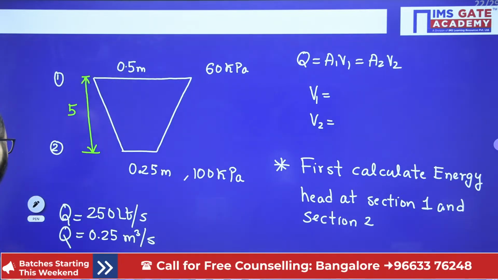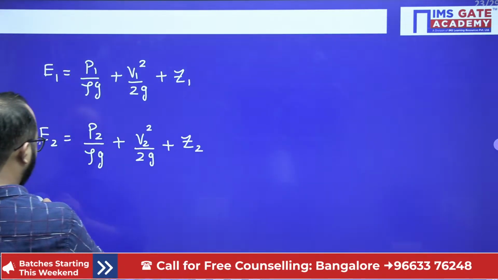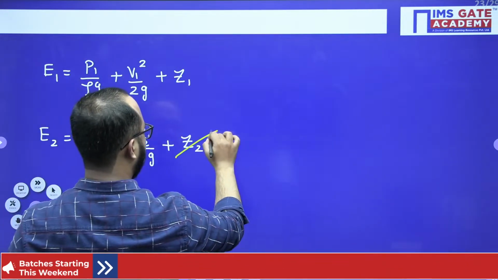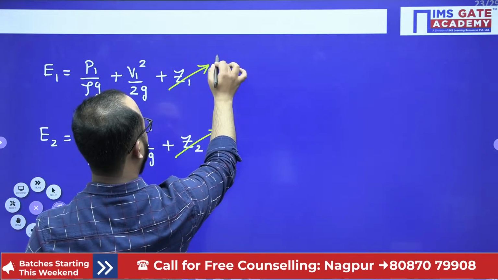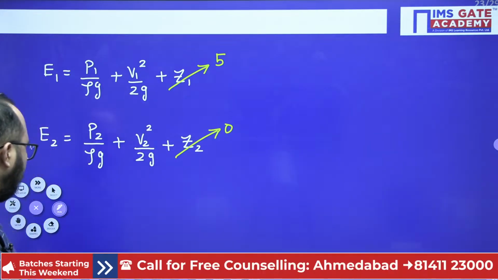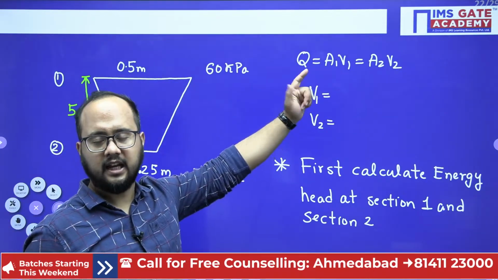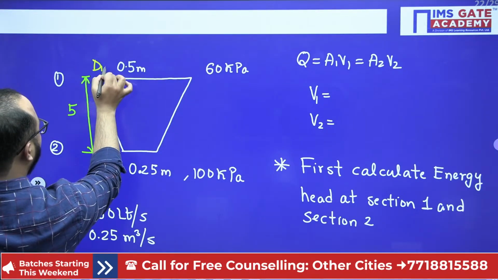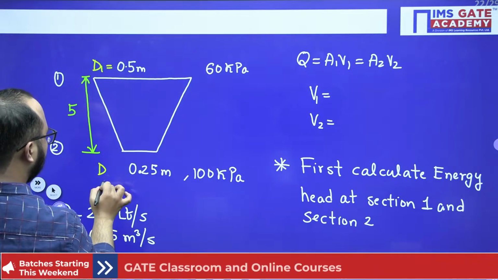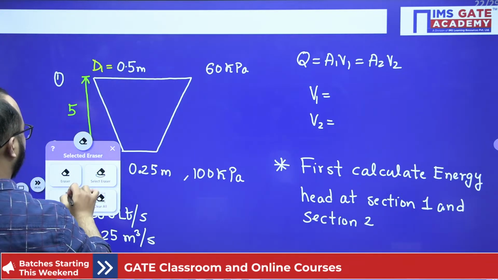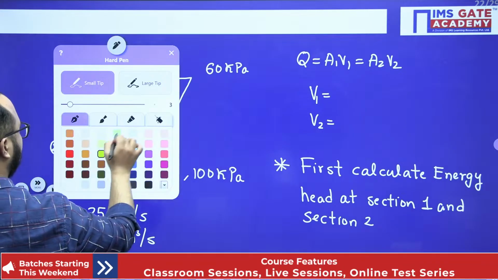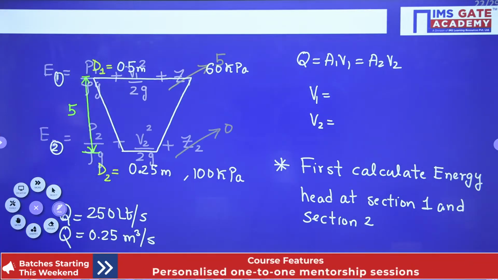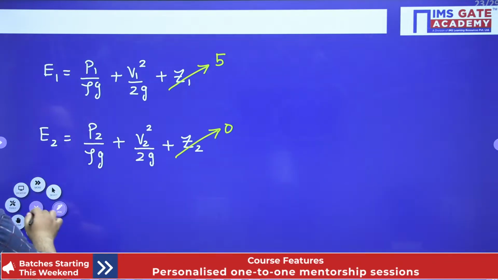But for Z1, the value will be 5. Velocities we need to find out from the discharge value. Area into velocity, from that we can find out, because the diameters are given. Correct? So calculate the difference of energy levels.